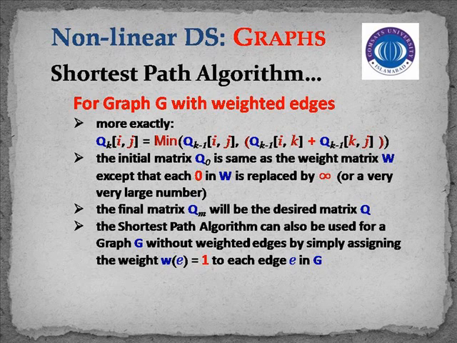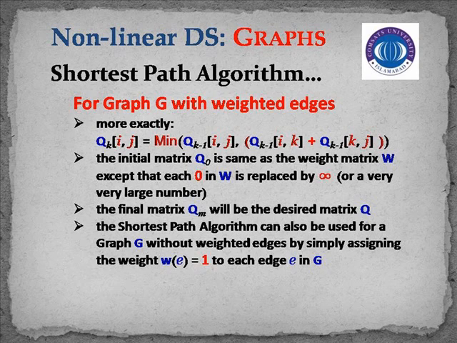More exactly, ladies and gentlemen, the equation mentioned in this slide explains that the Qk matrix for the current path selects the minimum length of either the direct edge between Vi and Vj of the preceding path, or the sum of the lengths between Vi to Vk and Vk to Vj of the preceding paths.